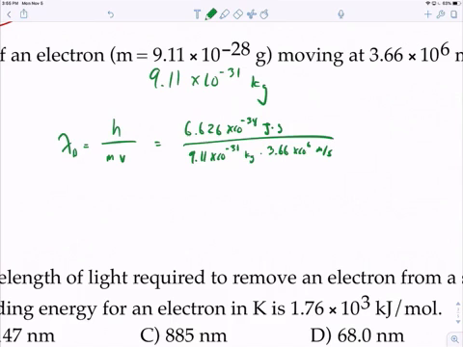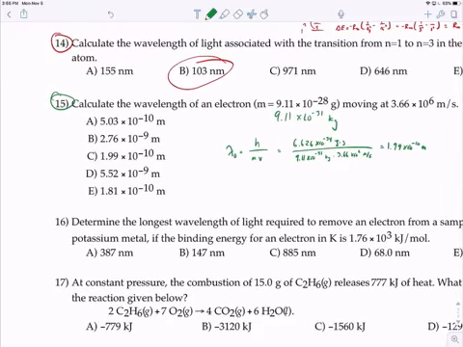And let's see here. 6.626 e minus 34 divided by 9.11 e minus 31 divided by 3.66, that's 10 to the 6. And I'm getting 1.99 times 10 to the minus 10 meters. Okay. It's that one there.